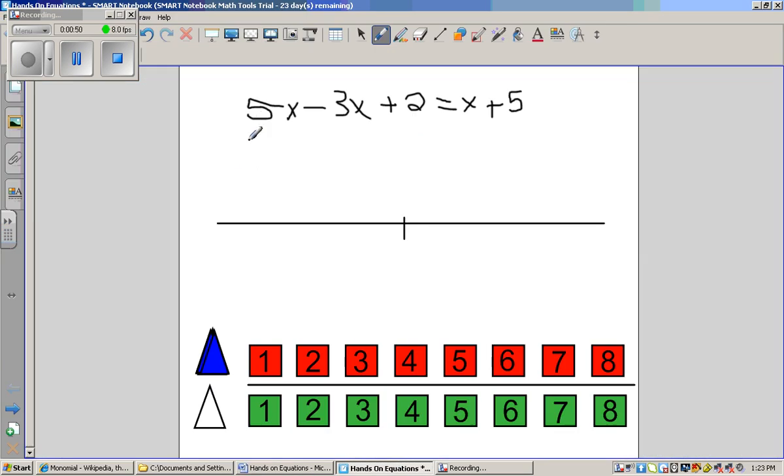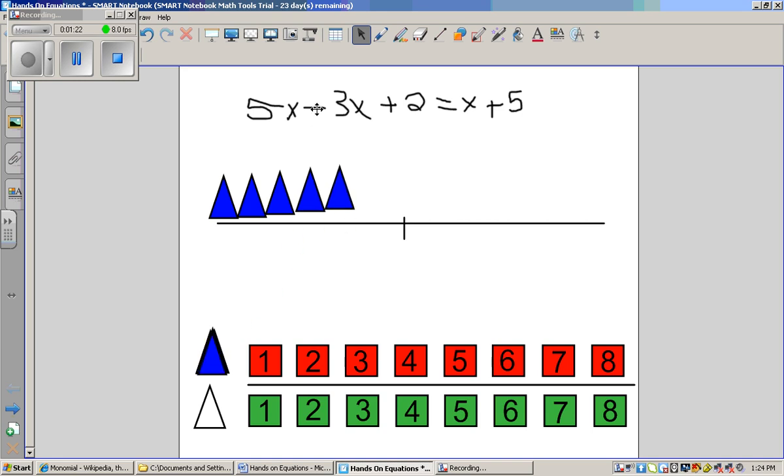Let's look at our first problem. Our first problem is 5x minus 3x plus 2 equals x plus 5. We haven't solved any problems yet with a subtraction operation in it, so let me show you how you're going to set this up on your scale. First, you're going to start by working it left to right, just like you always have. We have 5 x's: 1, 2, 3, 4, 5.